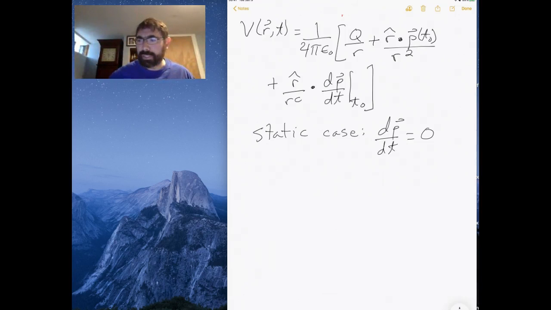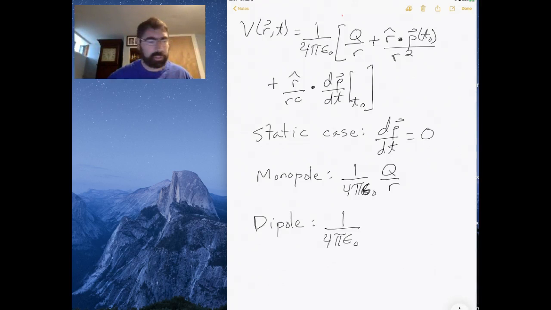And then what we get is an electric monopole of 1 over 4 pi epsilon naught q over r. And then we get an electric dipole, which is 1 over 4 pi epsilon naught r hat dotted into the dipole moment at some moment in time divided by r squared.